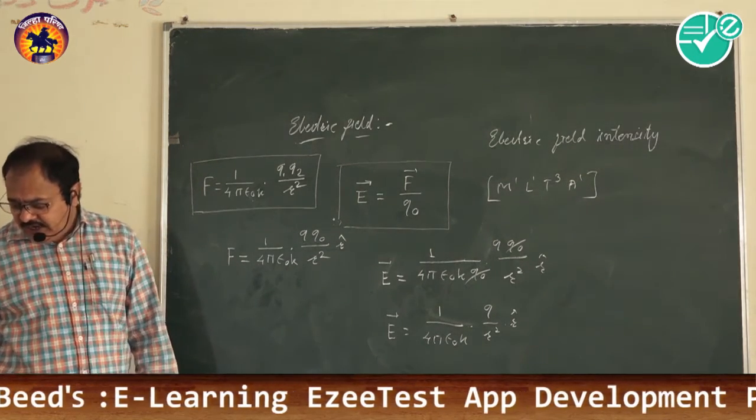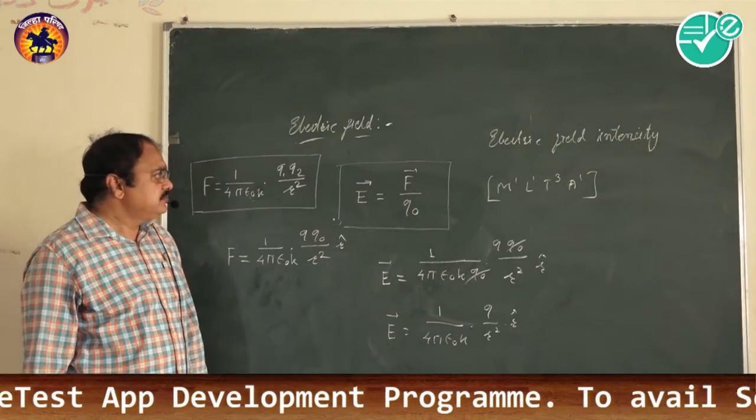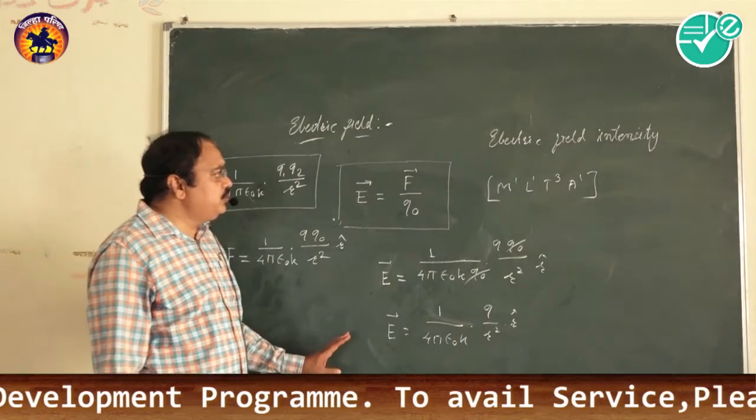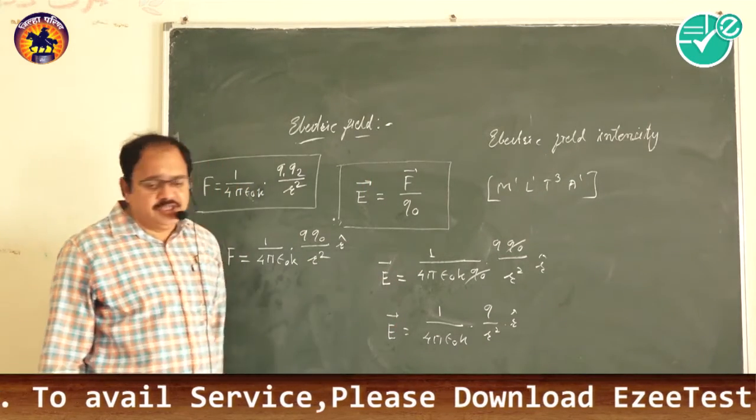In the presence of a dielectric, the field decreases, because the value becomes 1 by K times the value in free space. So that is the electric field intensity.